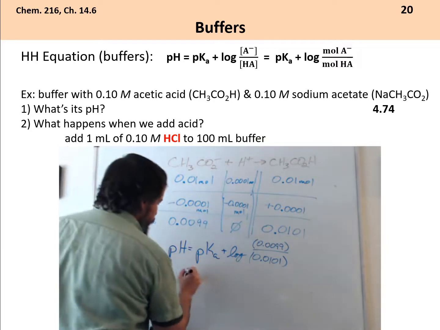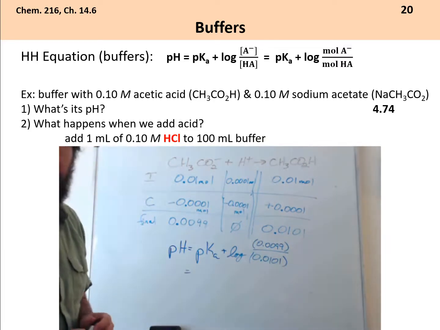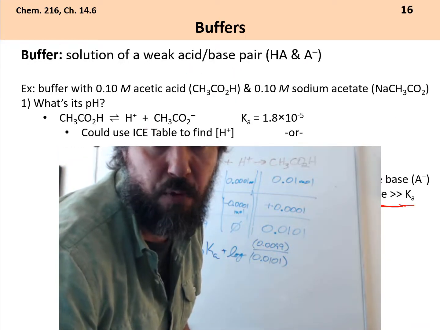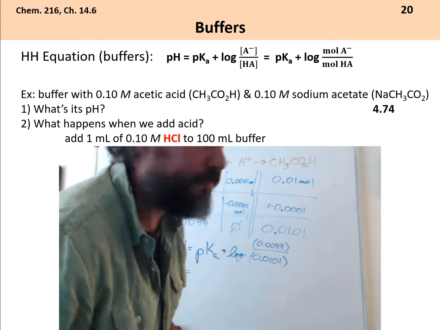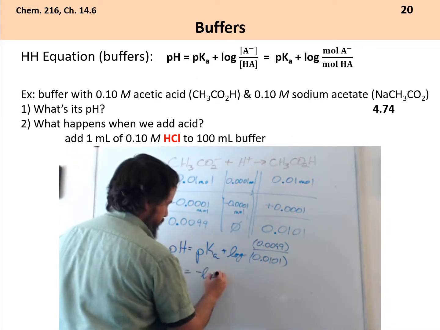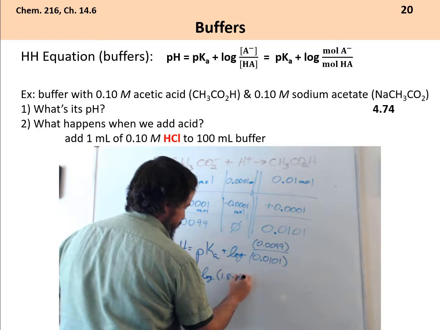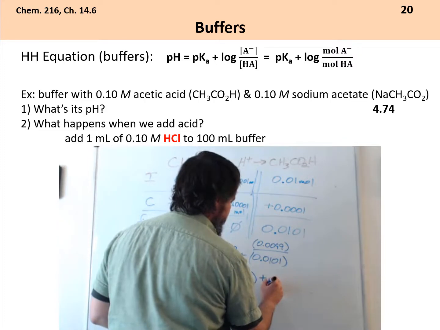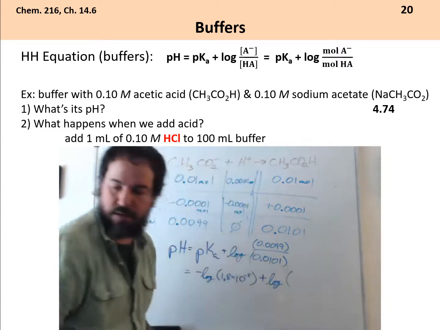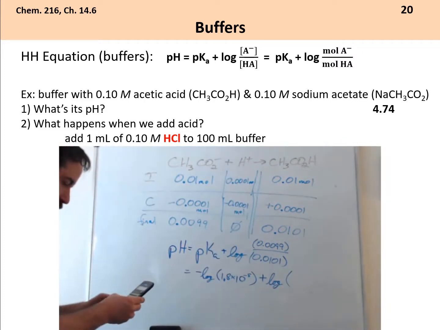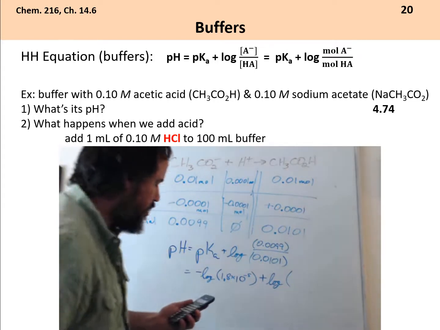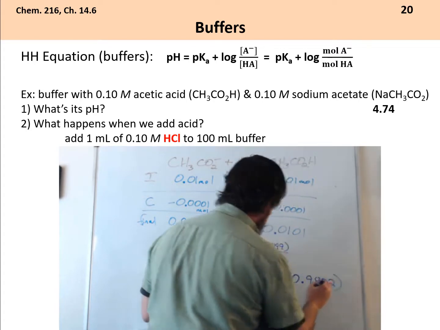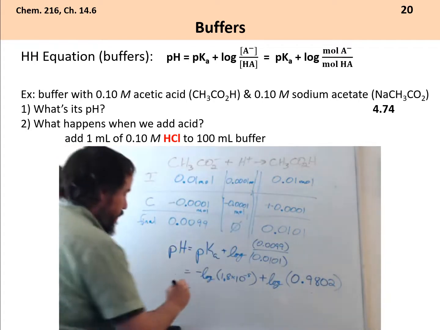We have our Ka that was given to us earlier. It's 1.8 times 10 to the minus 5. By the way, we already did this, but I'm just keeping it. So that's plus log of 0.9802. This is going to get me 4.74.